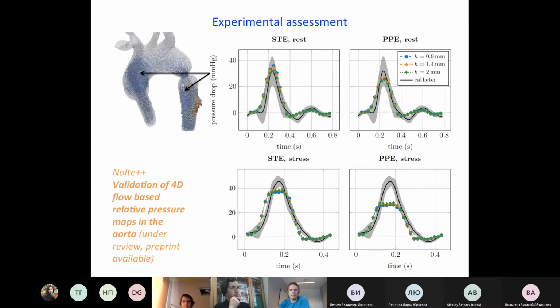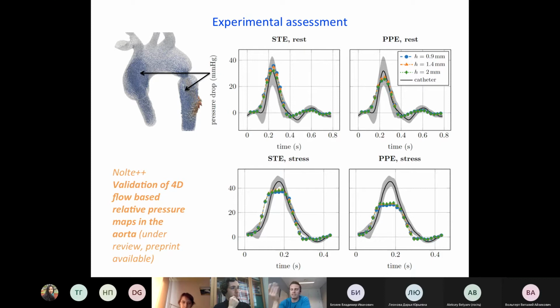So then what we have done is basically two things. Those are not our methods, but first, to validate them, we used an experimental data set and a patient data set, and we also performed mathematical analysis of the methods, in particular convergence analysis with respect to discretization.